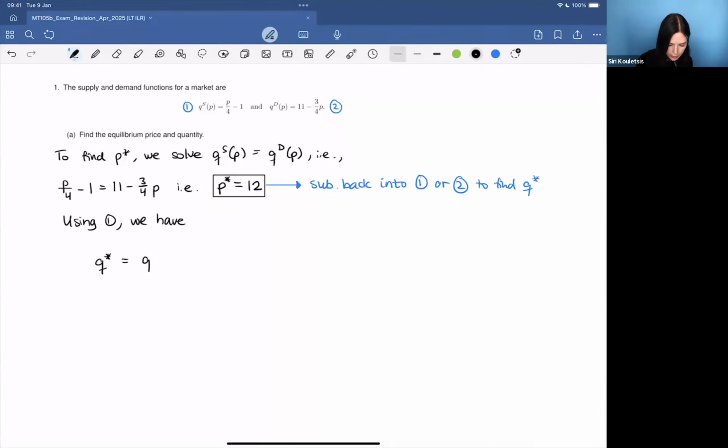It's simply QS of P star, which is P star divided by 4 minus 1. And P star is 12. So Q star is 2. These are the values of Q and P at the equilibrium point.